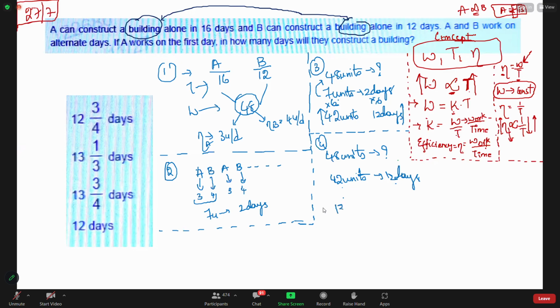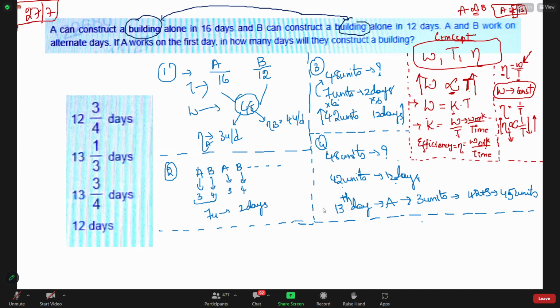So on the 13th day, you know that every odd day, A is going to work, and A can work for 3 units on that day. So by the 13th day's completion, 42 plus 3, 45 units are already completed. Step number 4 clear? Harika, Nitin, and others? Sanjana, others? Step number 4 clear?